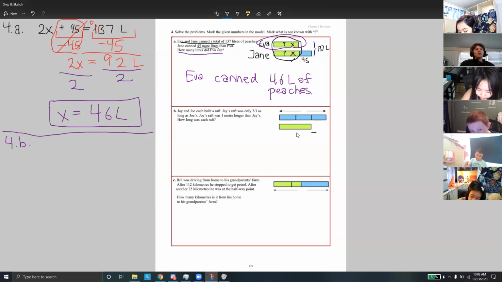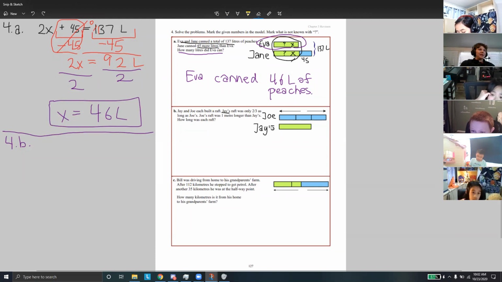So first, we know we have 2 bar models. We want to find out whose is bigger, right? So we know Jay's raft was only 2/3 as long as Joe's. That means it's smaller. 2/3 is only 2 out of 3, so that's smaller. And you guys see this green bar is exactly 2/3 as long as the blue bar. So that tells us it's Jay's. And then the other one has to be Joe.